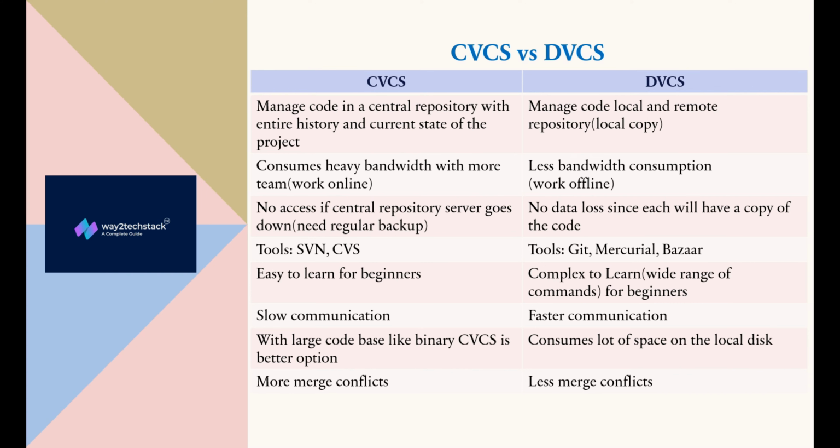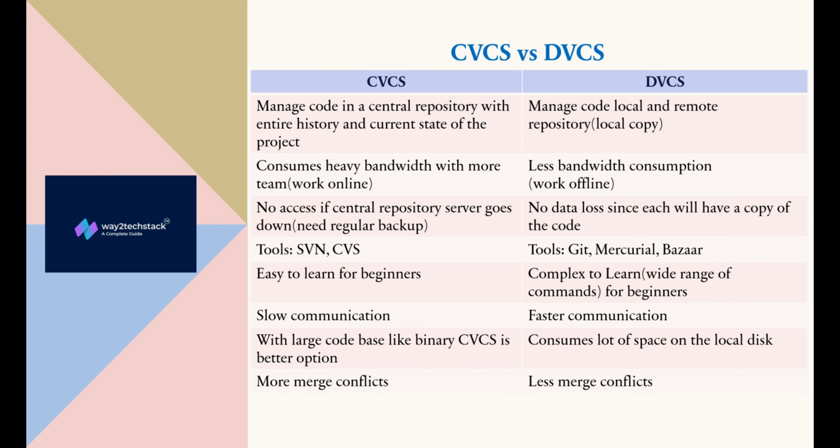First, I will commit my changes to the local repository. Until I do that, I will not consume any bandwidth. The task will be done in the local system. Only when I want to push my changes to the remote repository, I will execute the command and that command will communicate over the network, which will consume the bandwidth. That is the reason why CVCS is called online work and DVCS is called offline work.